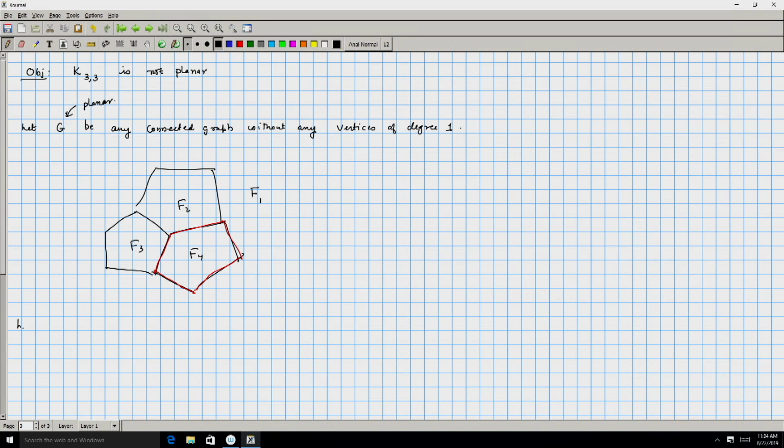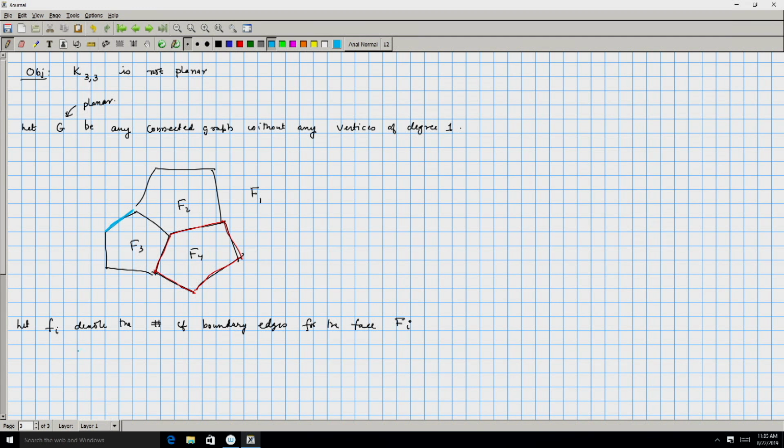Now, let small fi denote the number of boundary edges for the face Fi. Okay. So, note that every edge is part of precisely 2 faces. For example, if we look at this blue edge, that is a boundary edge of F3 and F1. Okay.